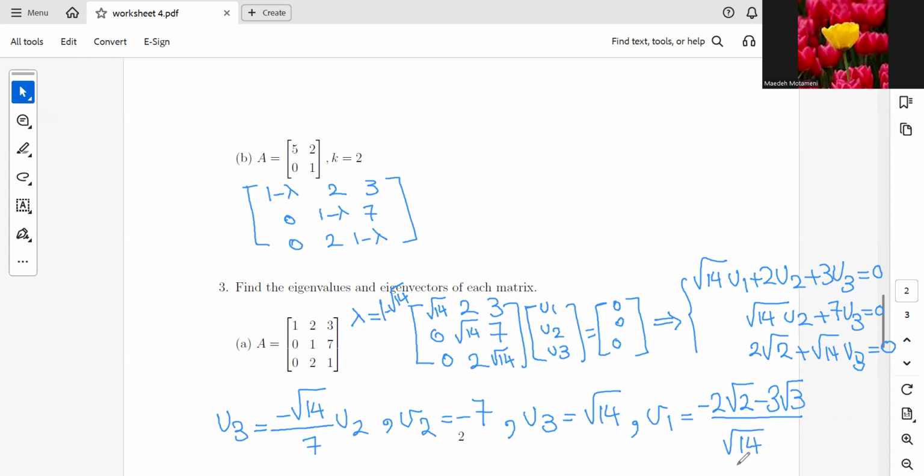And if you multiply this by the conjugate, that would be something else. But from all these, v can be written as this fraction as the first one, and the second one as negative 7, and the third one as square root of 14. This is the eigenvector related to the eigenvalue 1 minus the square root of 14.